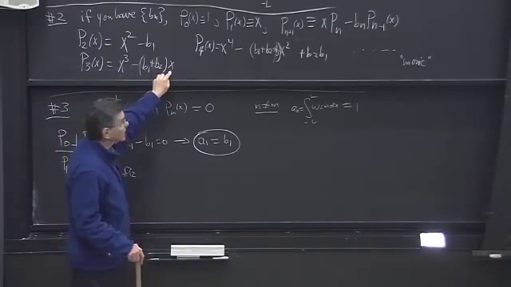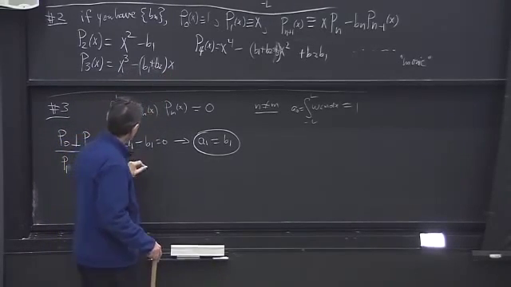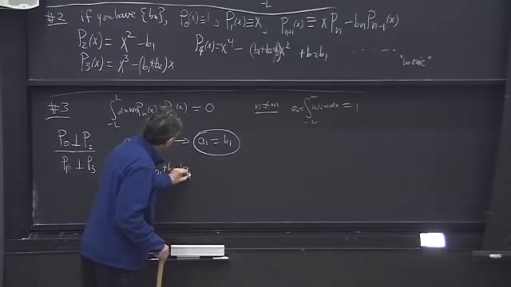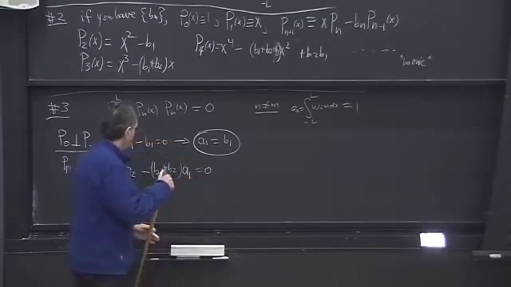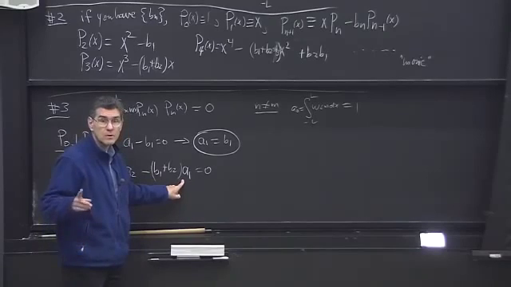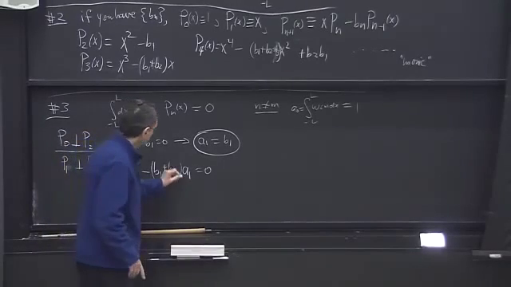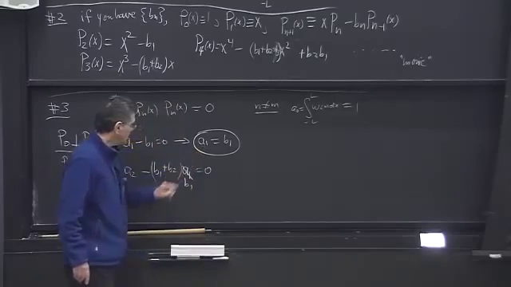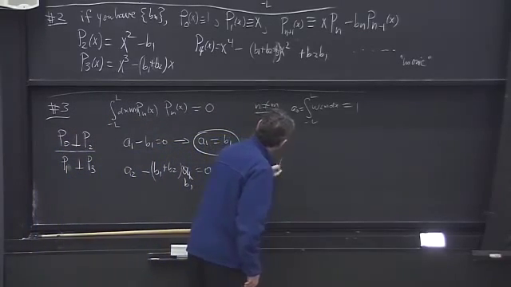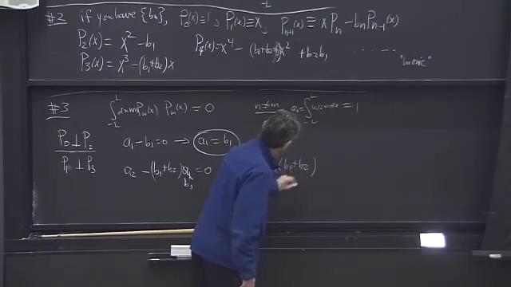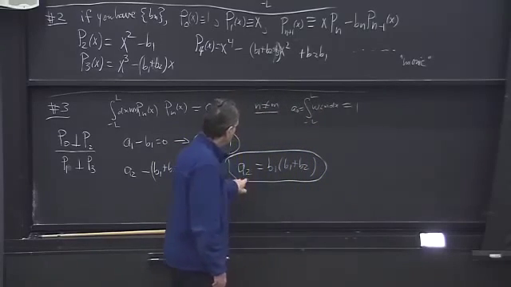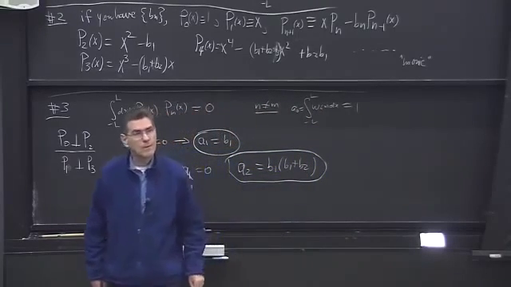The integral of the second term, x squared, gives me a1. So it says a2 minus b1 plus b2 times a1 is equal to 0. But we already know a1 is b1 from the equation here. So that says that a2 is equal to b1 times b1 plus b2.